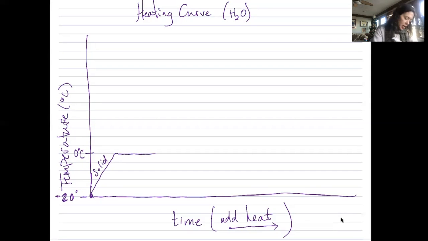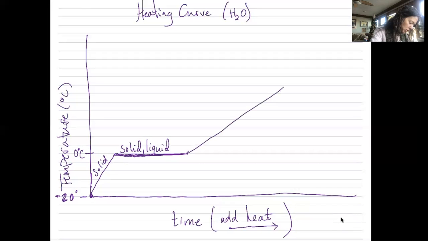All right. So right here we have the solid and the liquid. Okay. And notice that we have a flat line. Our temperature is not changing. This is our phase change. Once all of that solid turns into a liquid, all of it melts, then you will see that temperature go back up, start to change. And at this point, we have a liquid phase only.